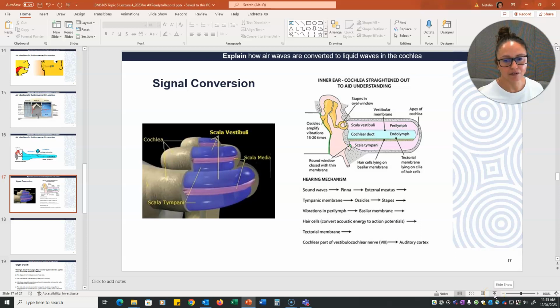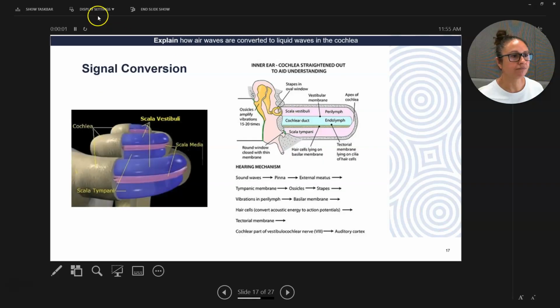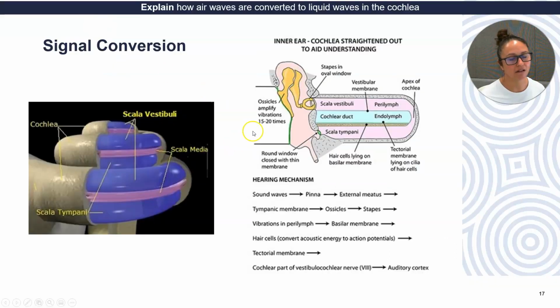Okay, so we left off understanding how the cochlea works, which is the eardrum responding to those air pressure waves, which makes the bones move, which pushes the fluid in the cochlea.